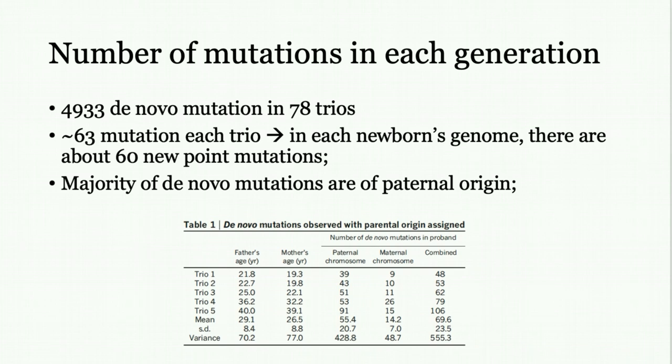Sometimes that kind of haplotype phasing is challenging, and they will only have information for 5 trios. And based on those 5 trios, that's the total number of mutations in that trio. It's at the scale of 50 to 100.